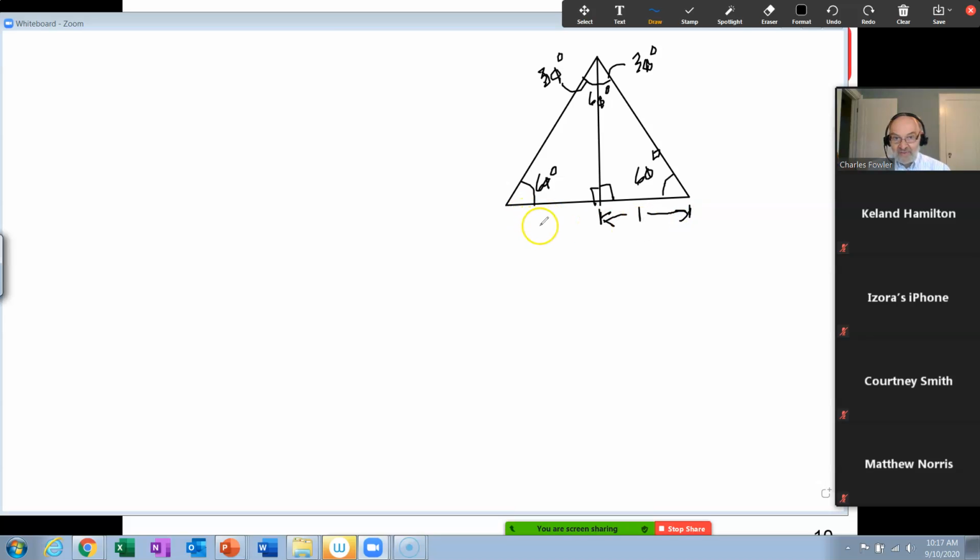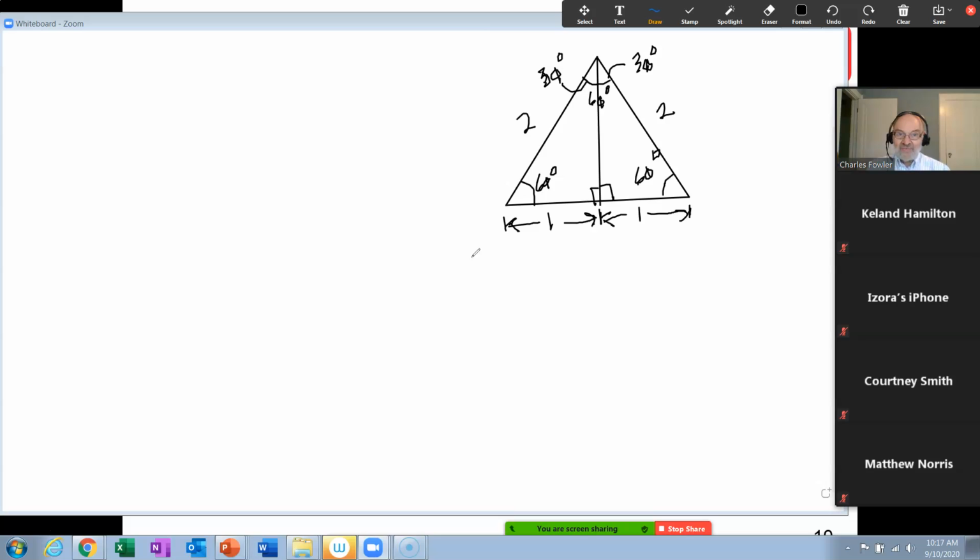Well, if I did it right, this would also be a 1. And since these are equal angles, they're also equal sides. And since this side down here is actually a 2, this would be a 2, and that would be a 2. Agreed? Because if they're equal angles, the opposite sides are equal as well.